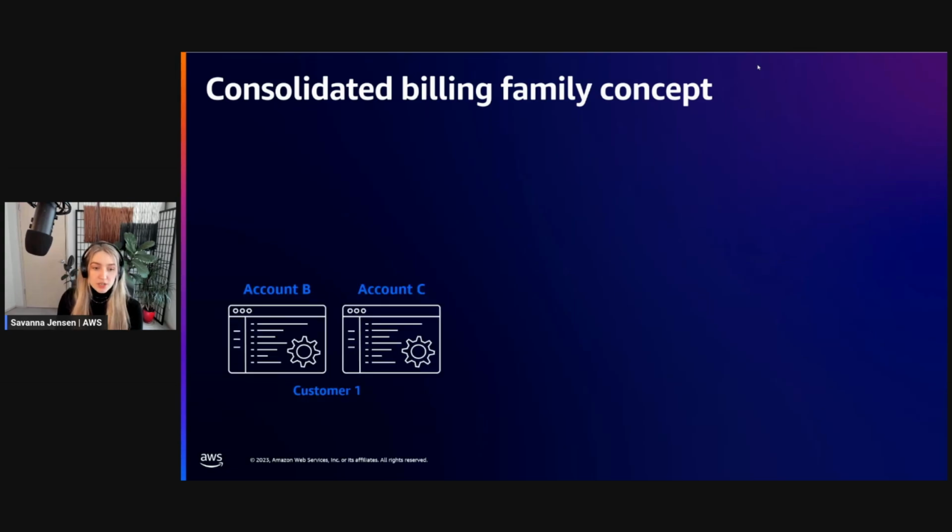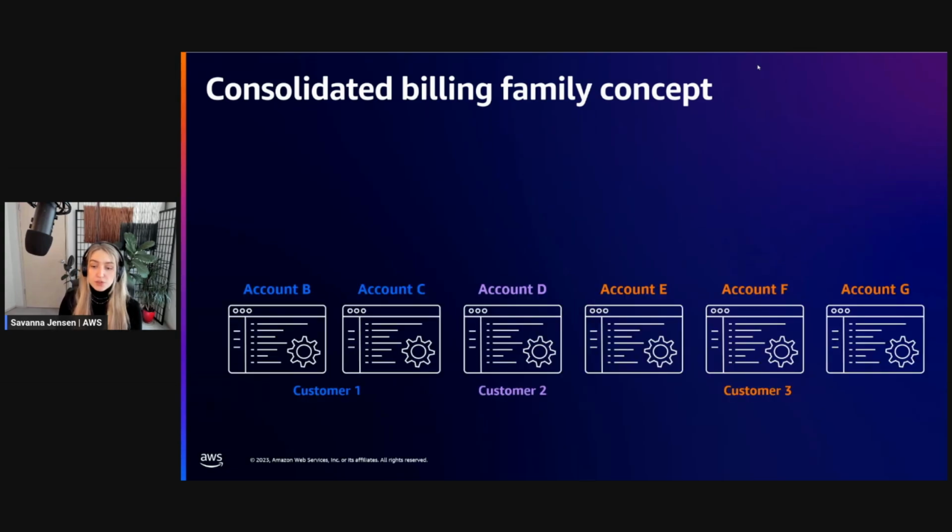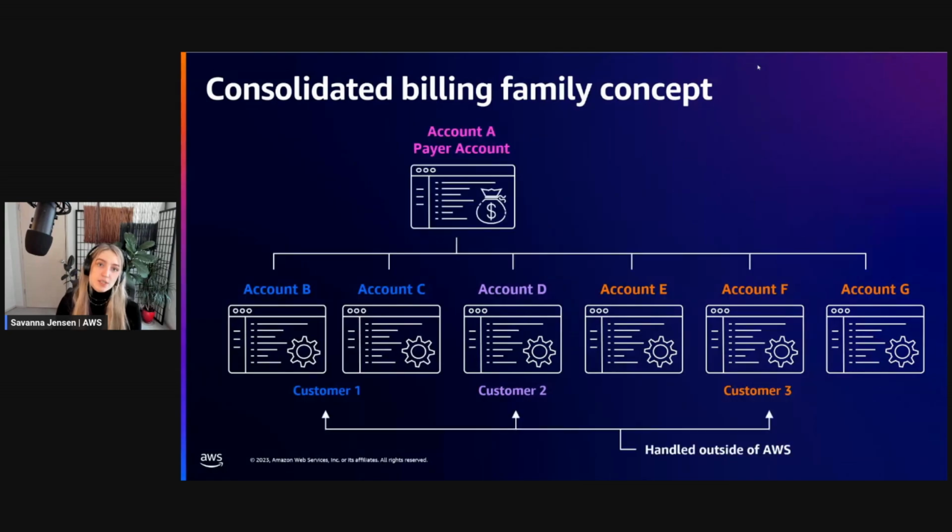So without Billing Conductor set up, let's say we've got 3 customers and they're all using a set of accounts as you see here. Customer 1 has 2 linked accounts, customer 2 just has 1, and customer 3 has 3 linked accounts that they use. In the classic consolidated billing family concept, all of these linked accounts roll up to a single payer or management account.